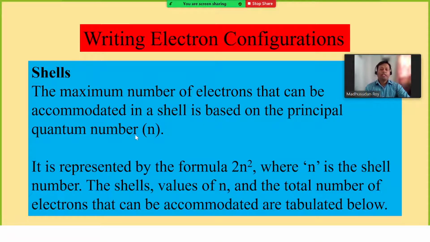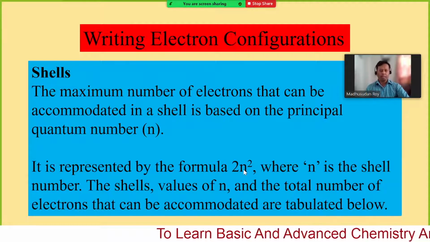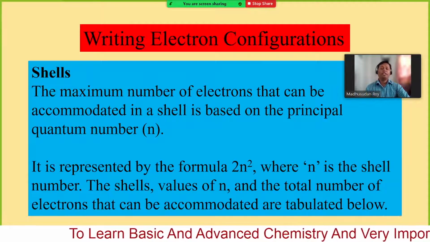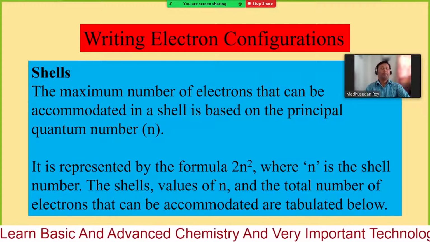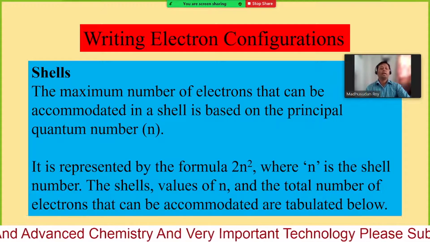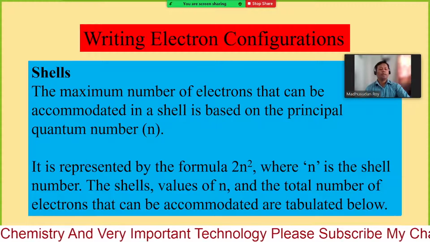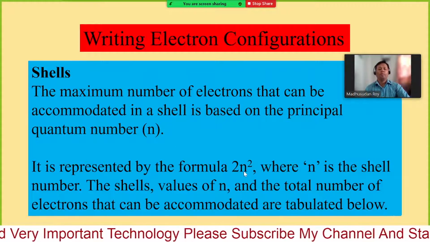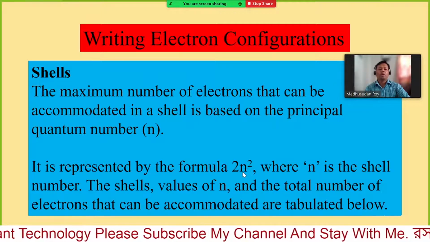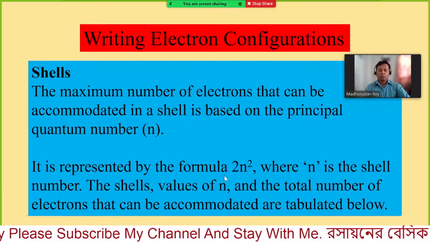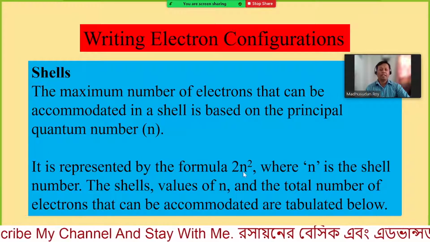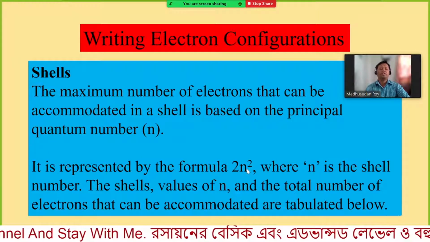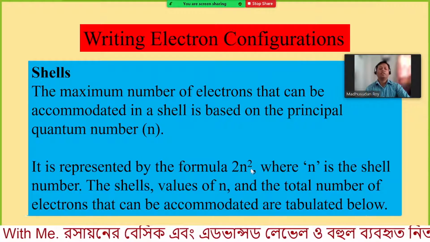If the value of the principal quantum number is high, let us consider 3, then the total number of electrons will be more compared to a lower value of n. So let us calculate the total number of electrons in the third shell. That means 3 squared, that is 9, times 2, that will be 18.